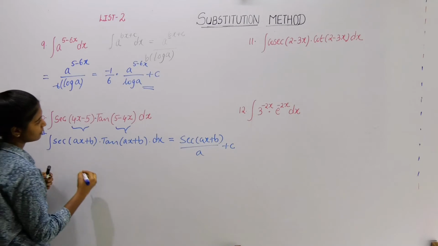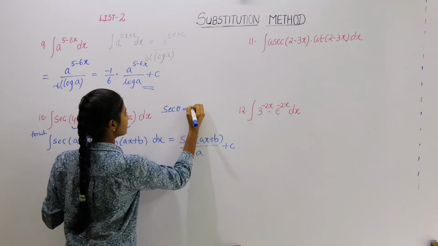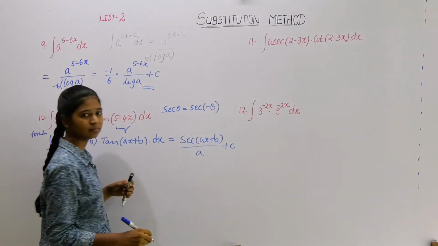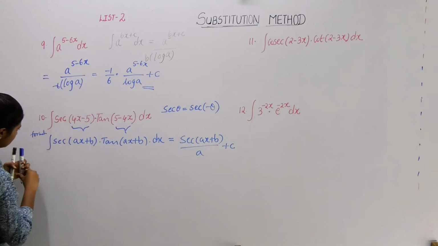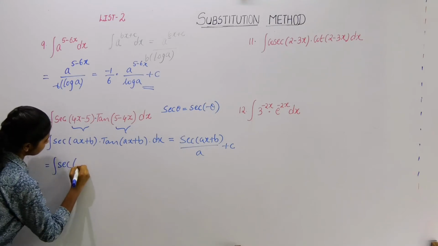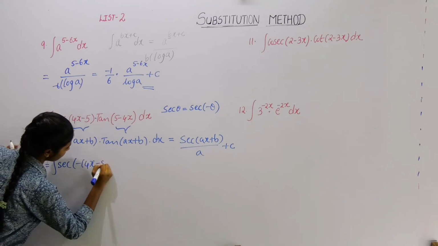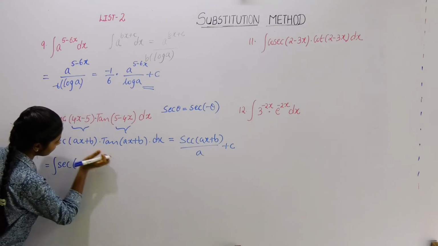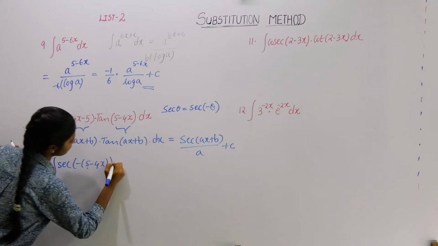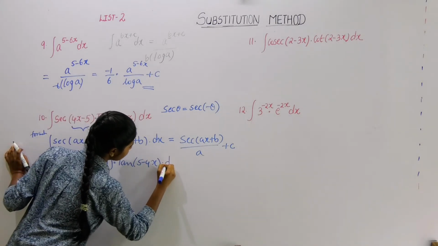Now using the trigonometry ratios, we can write secant theta is equals to secant of minus theta. So in the first step I write integral secant of, when we take minus out of it we get 4x minus, when we take minus we get 5 minus 4x, 5 minus 4x into tan of 5 minus 4x into dx.